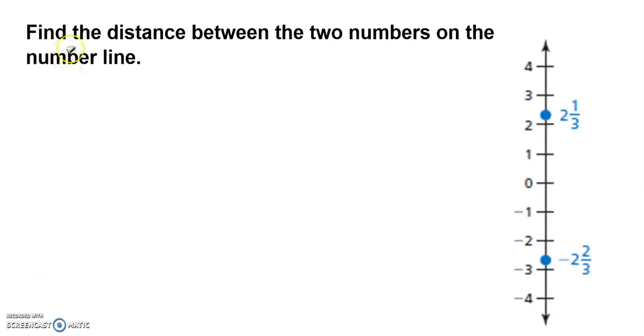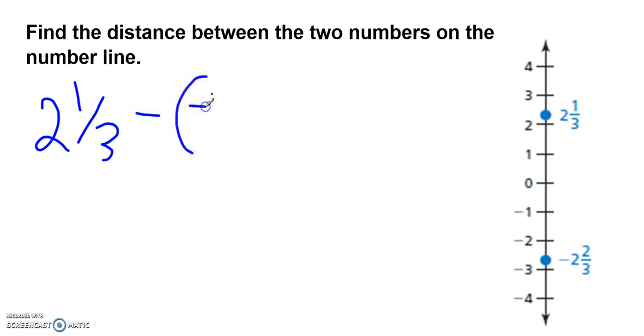Okay, so this problem says find the distance between the two numbers on the number line. So here we have one number and here's the other one. You want to take the larger one, which is the 2 1/3, because this one right here is positive, so it's bigger than this negative one, minus, because you want to subtract, the negative 2 2/3.